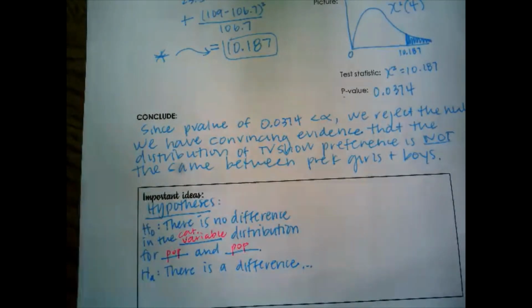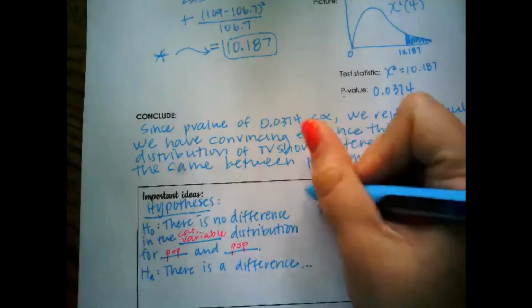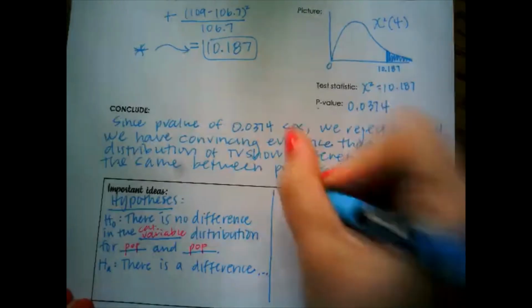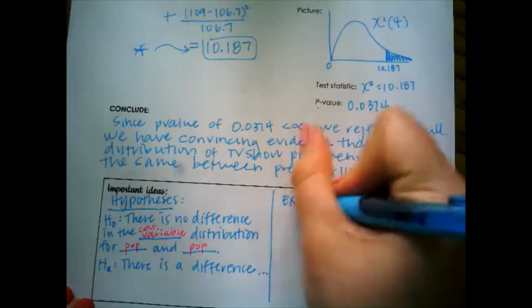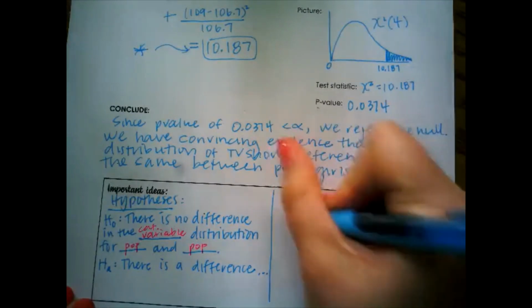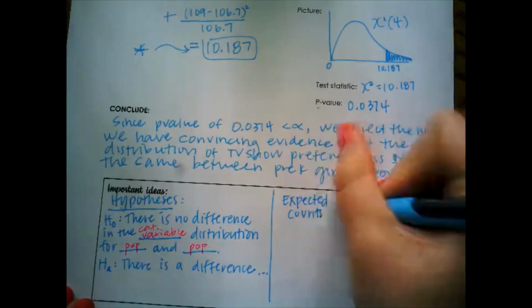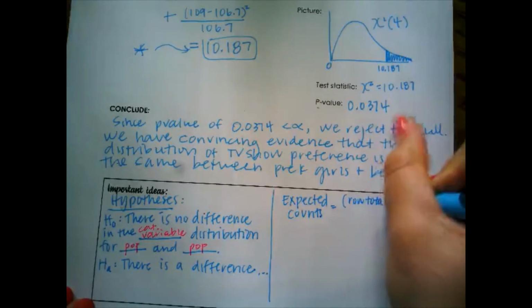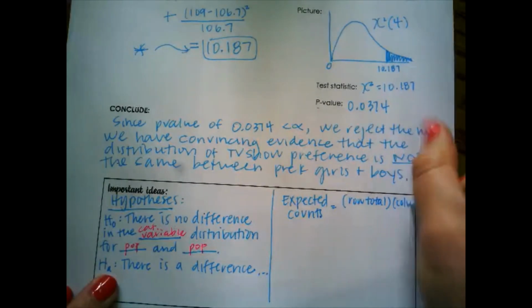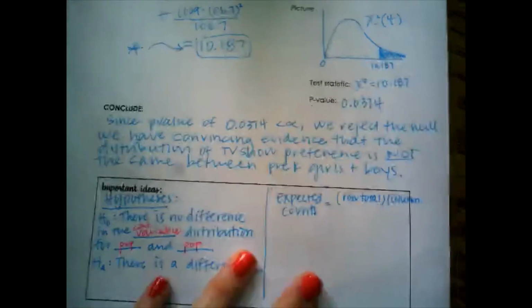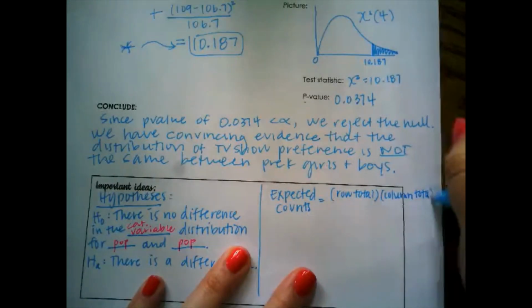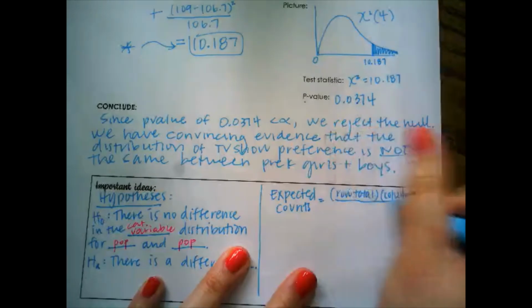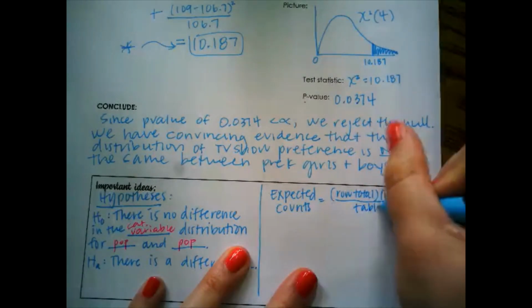Now, always make sure you're using context here. Always, always, always, always be specific, all right? For your expected counts, remember it's your row total times your column total divided by the table total.